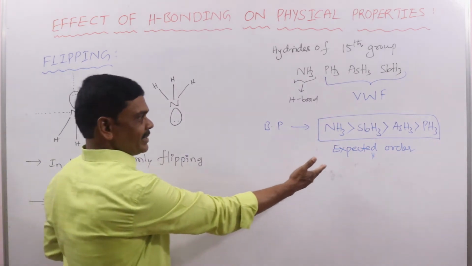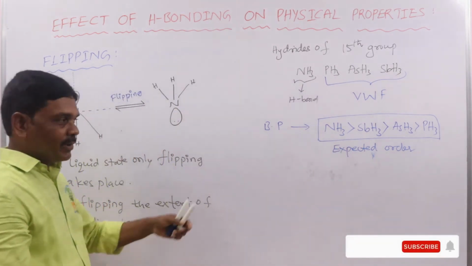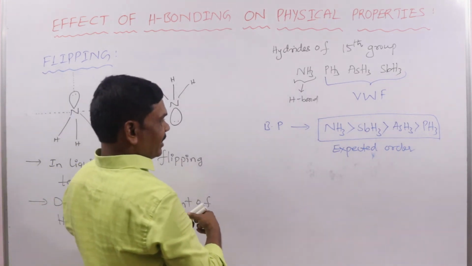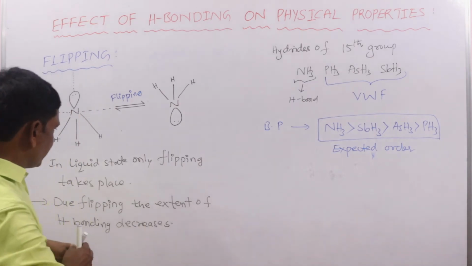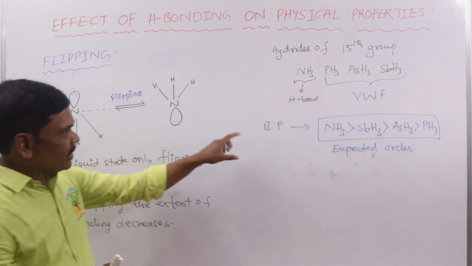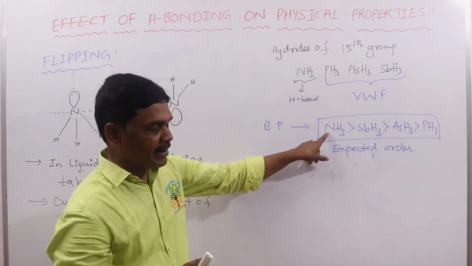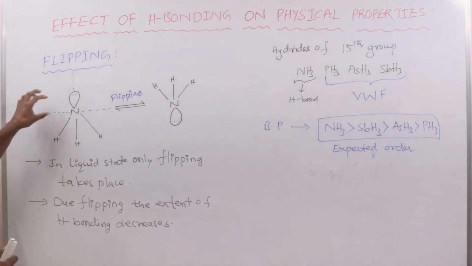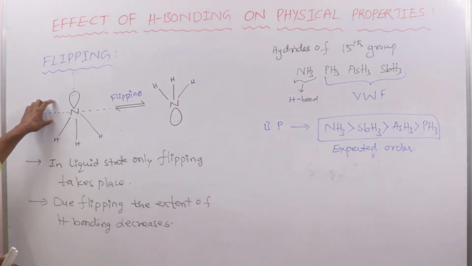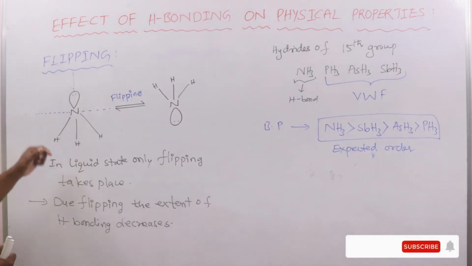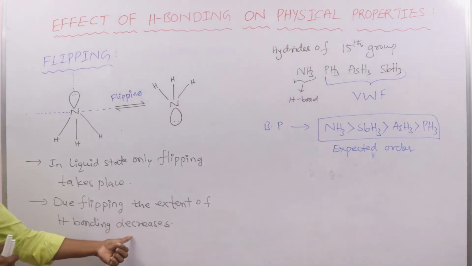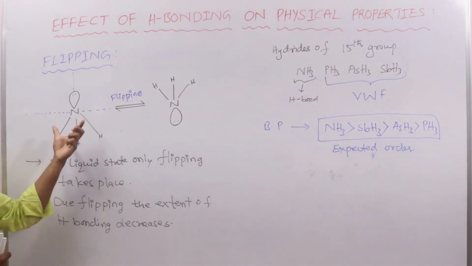We know that this is the expected order. Now what is the actual order? According to this, which one has the higher boiling point? Ammonia. But after the explanation of flipping in ammonia, what happens? The extent of hydrogen bonding in ammonia is decreasing due to flipping.